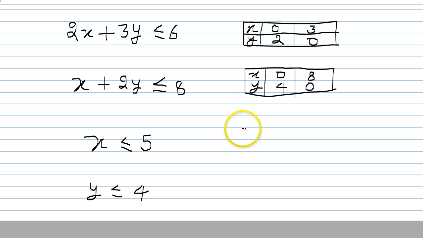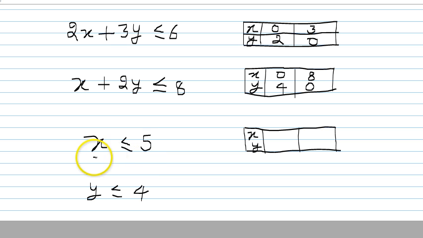Then I'll come to the third inequation and make a table for it. Right now we are not considering the less than sign. We are making the table only for the equal to sign, and the inequation sign is going to represent the entire region, which will be the solution region for this inequation. Now again I'll write x over here and then y down.